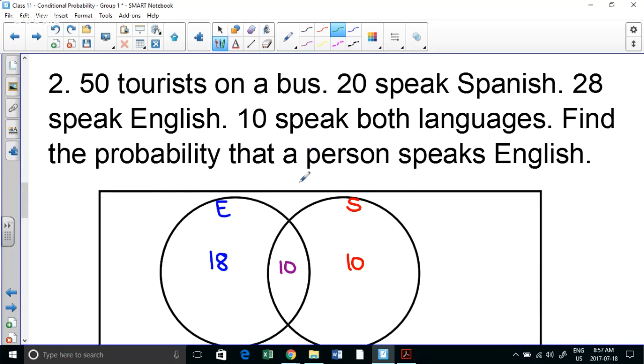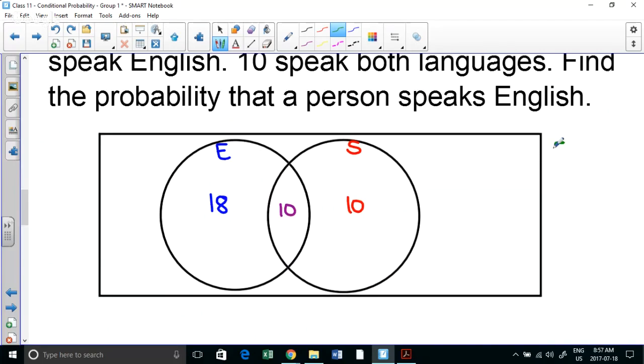What that leaves me with for the outside is 50 minus 10 minus 10 minus 18, and that leaves 12 on the outside. So there are 12 people that don't speak either Spanish or English.